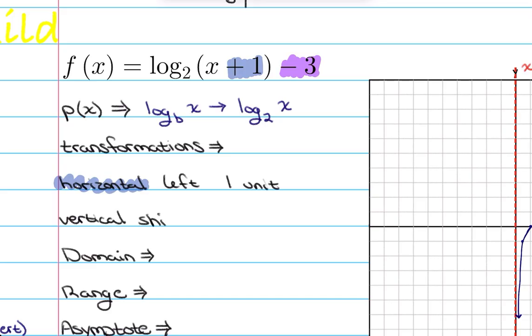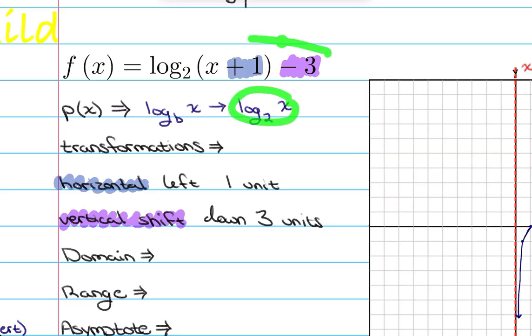It is also adding or subtracting; in this case, it's subtracting, so I know that is a shift. It's going to go up or down, and since it is -3, we are going to go down 3 units. Those two things are the only things different between log base 2 of x and f of x.